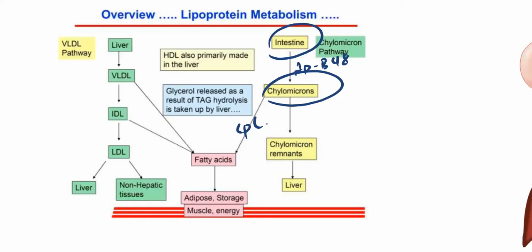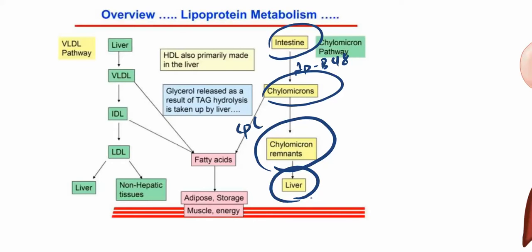Lipoprotein lipase. And eventually, as that happens, the fatty acid content of the chylomicron steadily decreases, and then we end up with the chylomicron remnant, which heads back to the liver. All right.